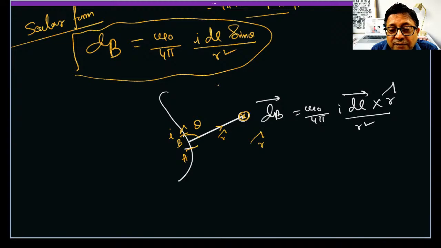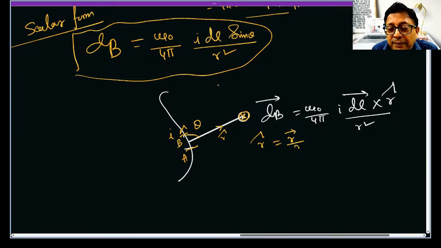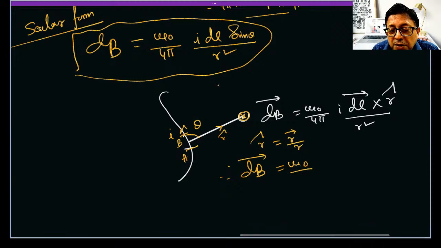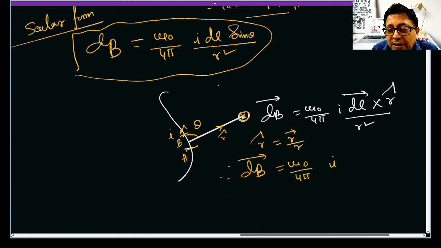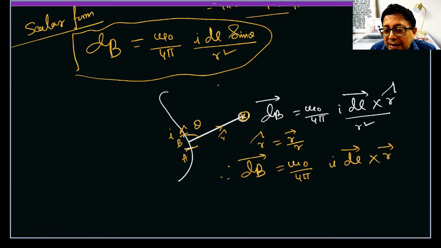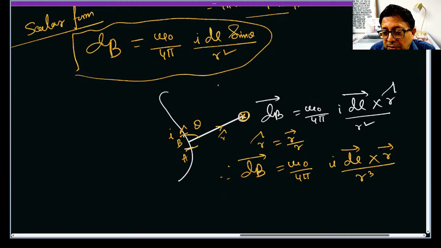We can write r vector is r divided by r. So dB vector will be mu 0 by 4 pi, I dl cross r divided by r cube.